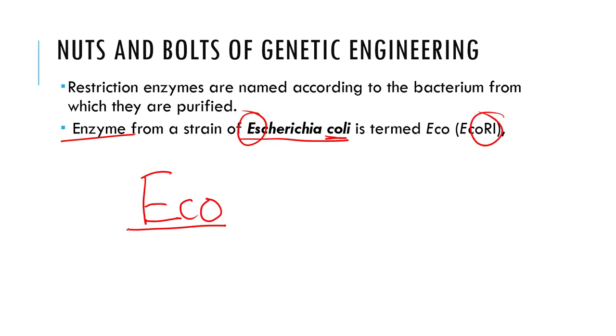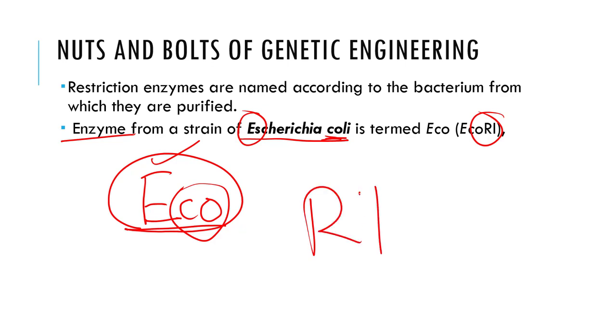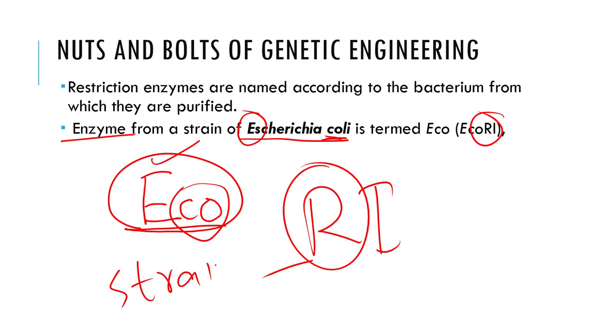Therefore, the first three letters, as I have written here, are taken from the name of the bacterium: E from the first letter of the genus and co from the first two letters of the species name, the specific epithet. Now this R is actually a strain of E. coli, and this is Roman one, the first one to be identified or purified.